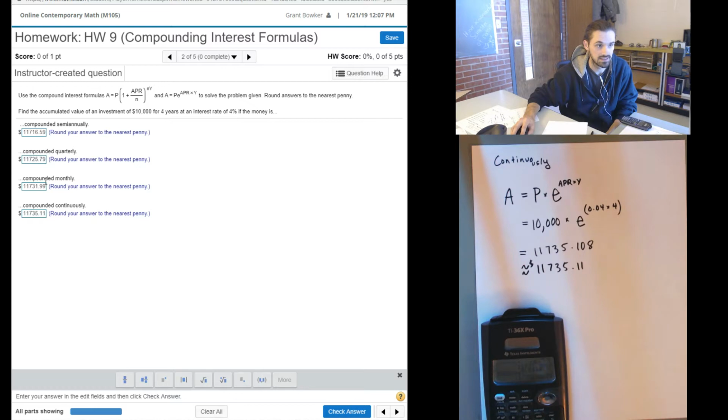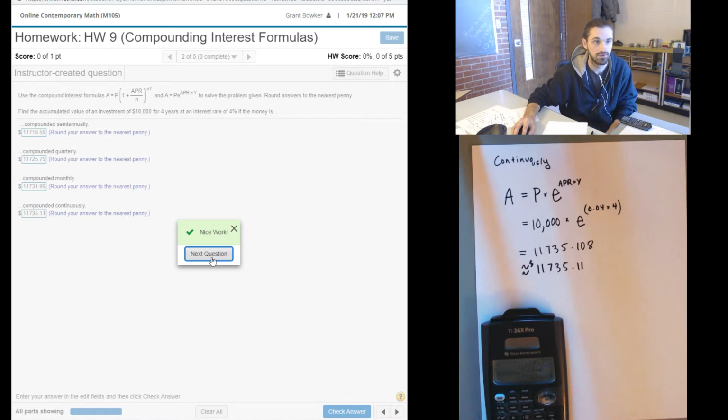Not only do these sums grow as you approach compounded continuously, you tend to grow less. There's a bigger jump between semi-annually and quarterly, a smaller jump between quarterly and monthly, and an even smaller jump between monthly and continuously. And continuously is the largest value of these four. So good things to check during a testing situation. Let's try our moment of truth.